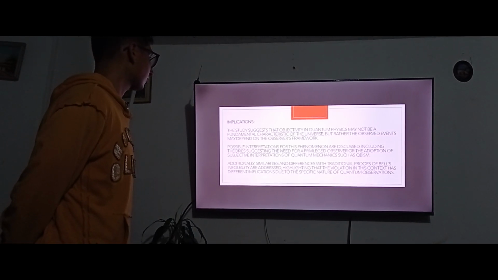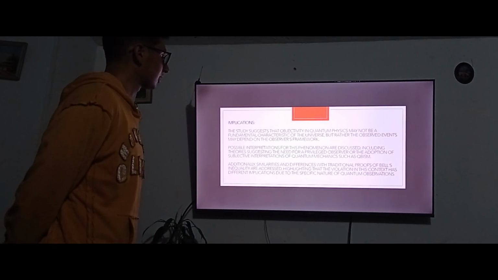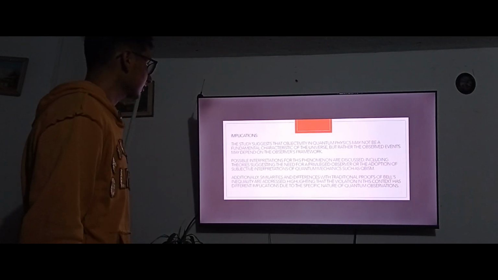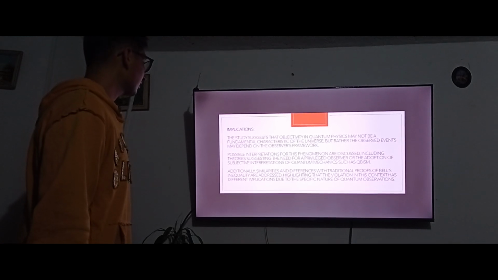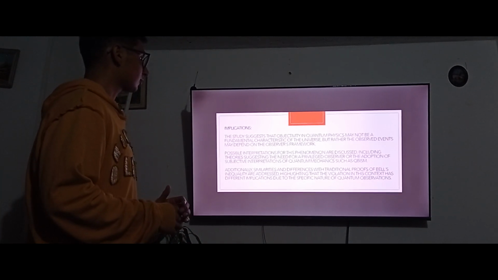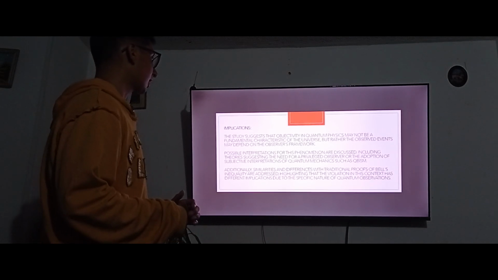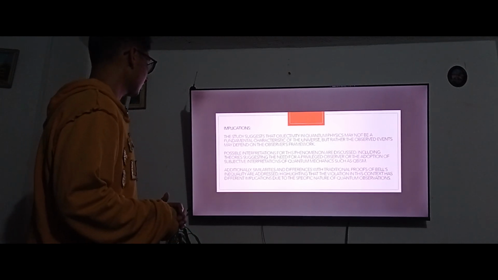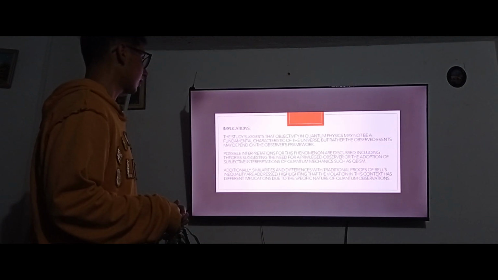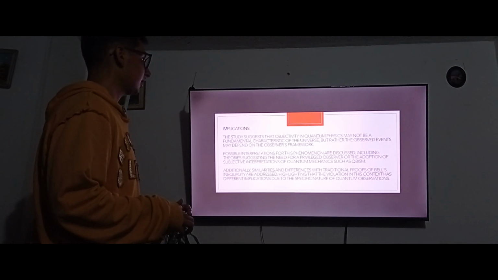Possible interpretations for this phenomenon are discussed, including theories suggesting the need for a privileged observer or the adoption of subjective interpretations of quantum mechanics such as QBism.